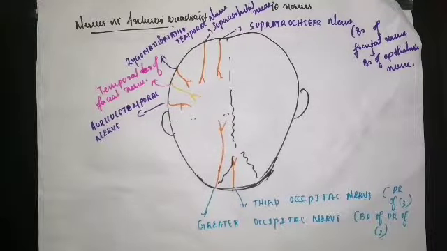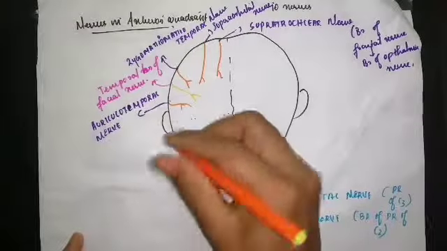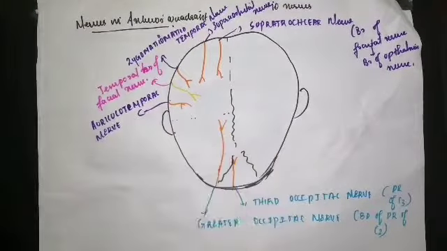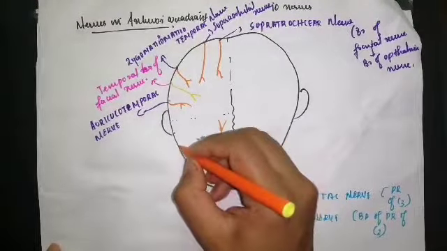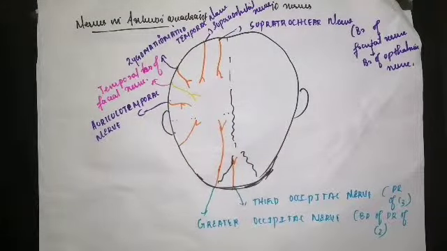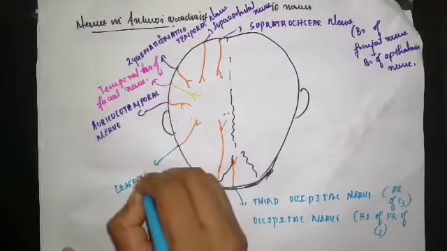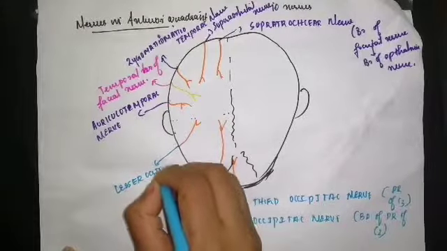Now we'll go from here. You can see that posterior to the auricle we have one nerve here, that is the lesser occipital nerve. The root value is C2.